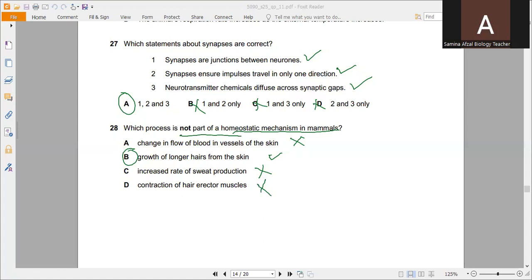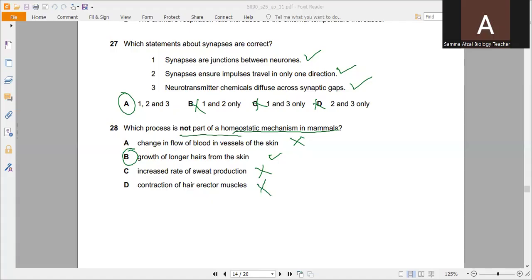Change in the flow of blood in vessels of the skin is also due to this.